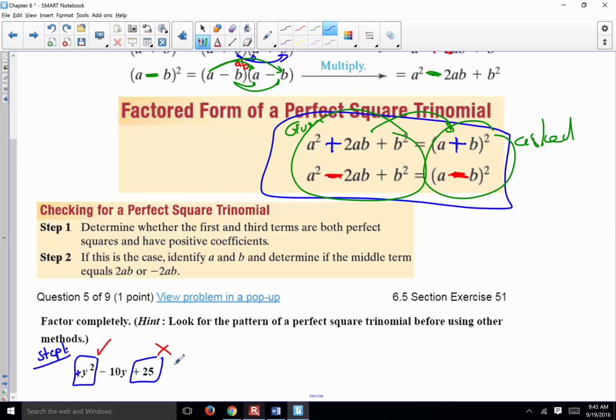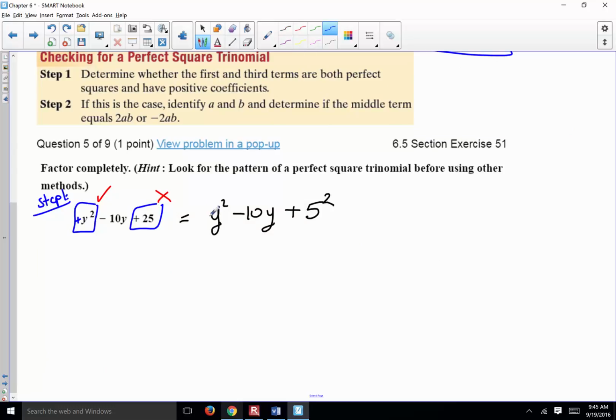Although it doesn't look like a square, check whether you can make it a square with a simple flip or chart. Use the chart. 25 is a perfect square. It can be made into a square. So it passes the first step. Pass. We check whether the start and end values are positive squares. Yes, they are.